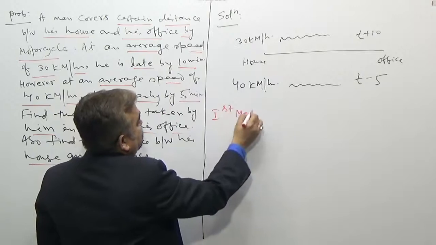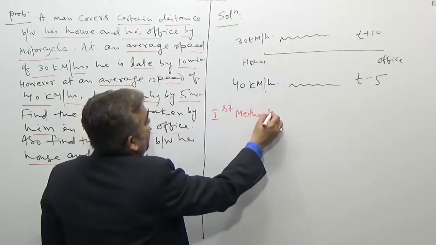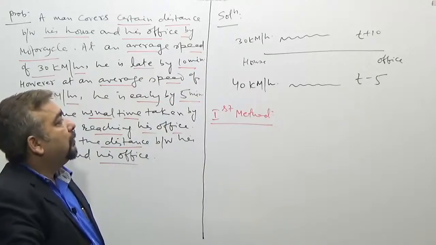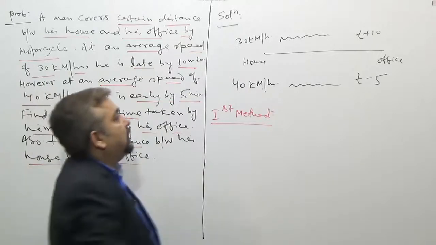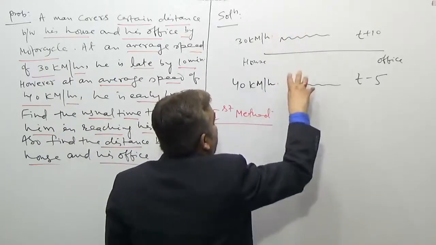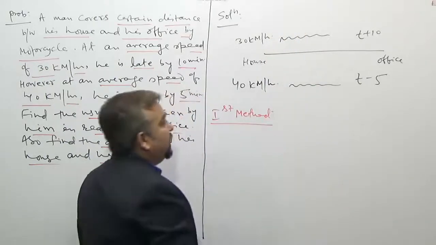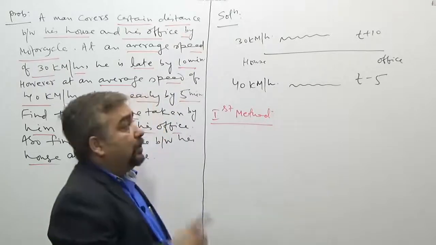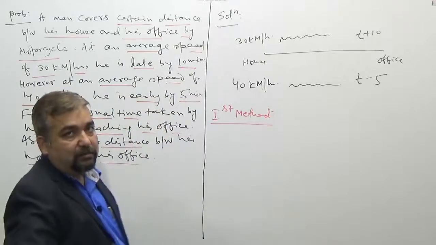I am discussing first method, that is with the help of ratio. The distance covered in the first case is same as the distance covered in second case. That is, distance between his house and office is same. So distance is constant.